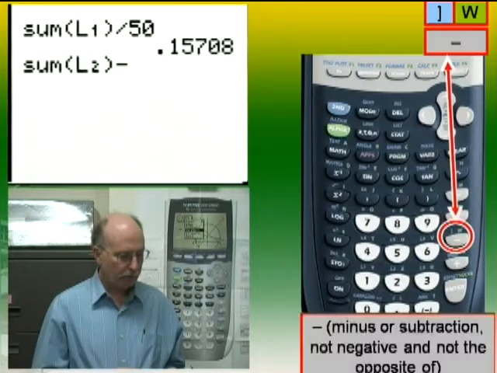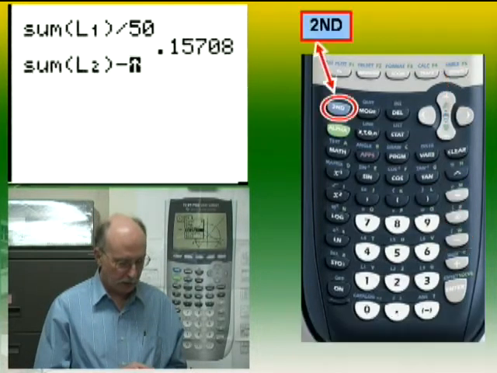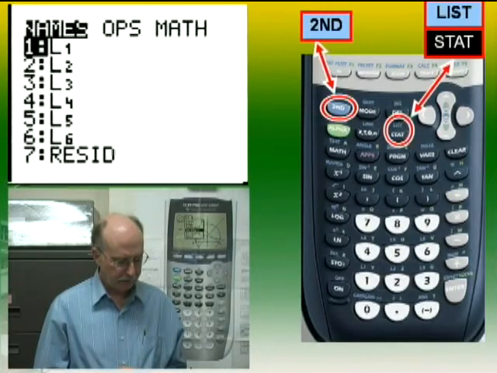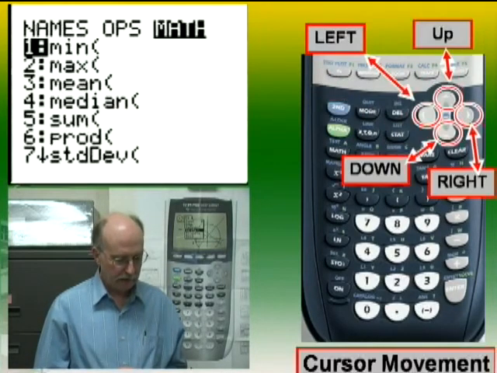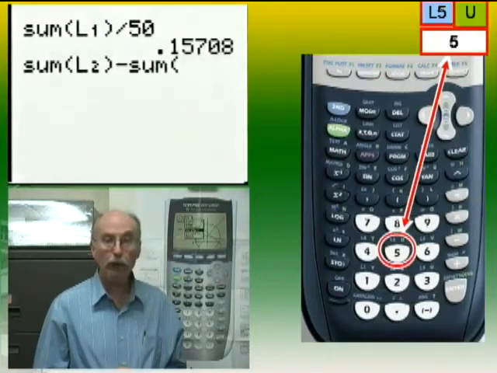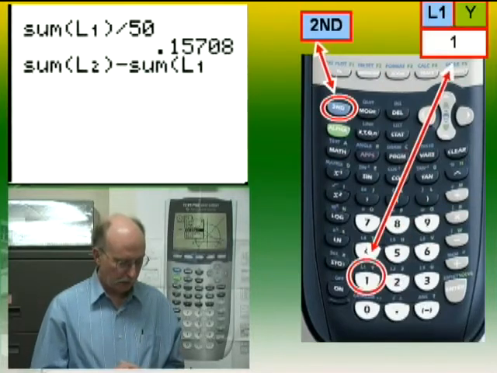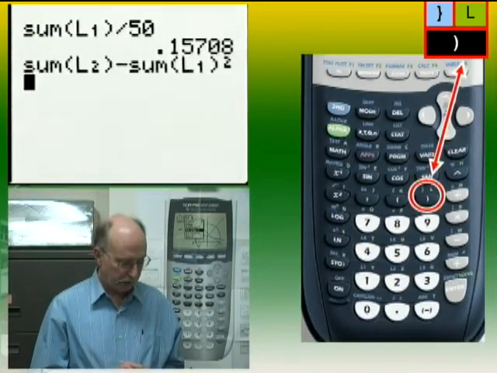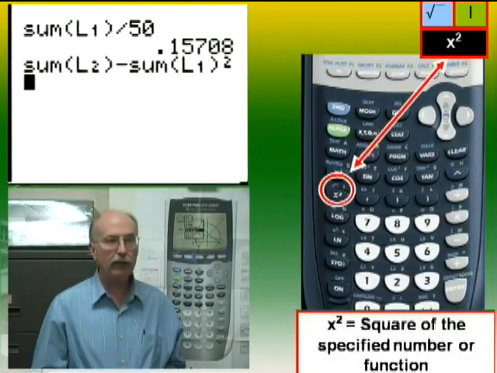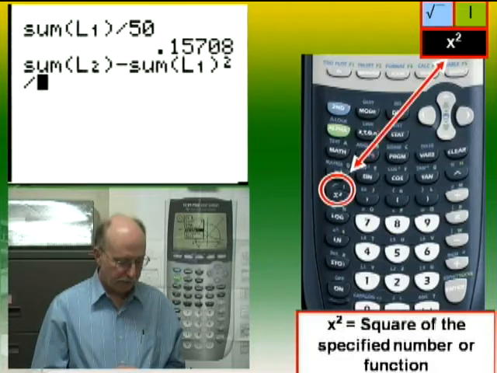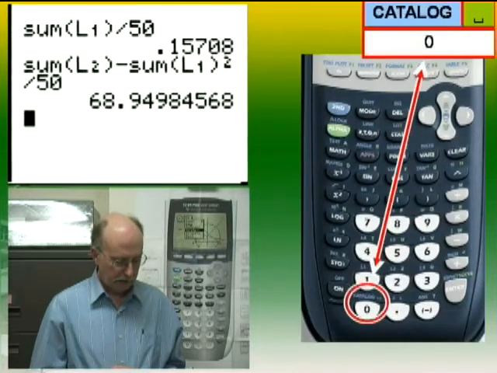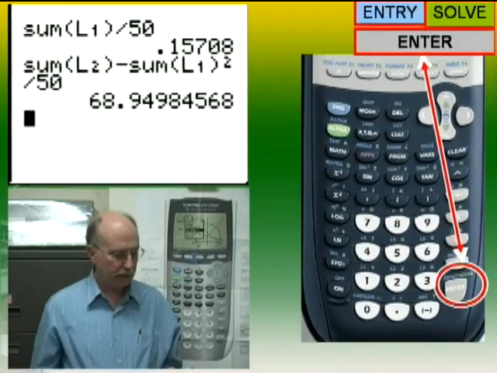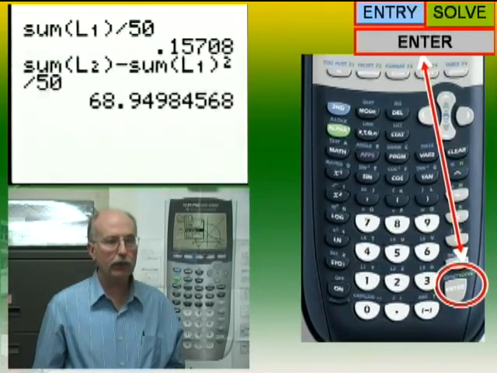And we're going to subtract from that the sum of the values, which is the sum of L1, so it's second list, math, sum. We want L1, second L1, closing parentheses. We want that number squared, and we want that number divided by our number of entries, which is 50. And we hit enter, and so our numerator is 0.6894 and change.